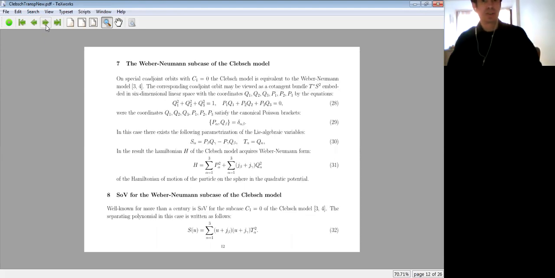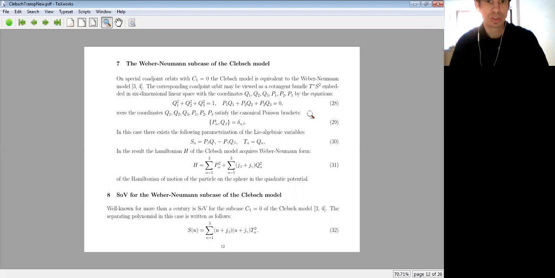Let me go to the description of an interesting and well-known subcase, the so-called Neumann subcase of the Clebsch model. It is possible to show that on the coadjoint orbit where C1 is equal to 0, the Clebsch model is equivalent to the Neumann model. The corresponding coadjoint orbit might be viewed as a cotangent bundle over the sphere S2, embedded into the 6-dimensional linear space with the coordinates q1, q2, q3, p1, p2, p3 by equation 28.